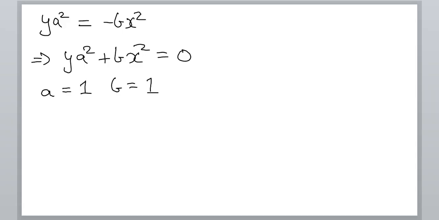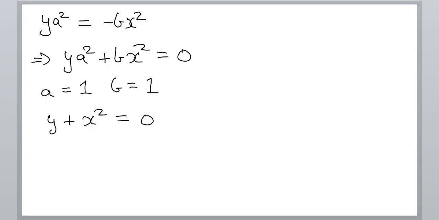So this equation will then become y plus x squared is equal to 0. And we need to draw a graph of this equation. As you can see, this will be a parabola opening in the downward direction. Okay, so actually I drew the graph of this using Desmos, and here's the graph.